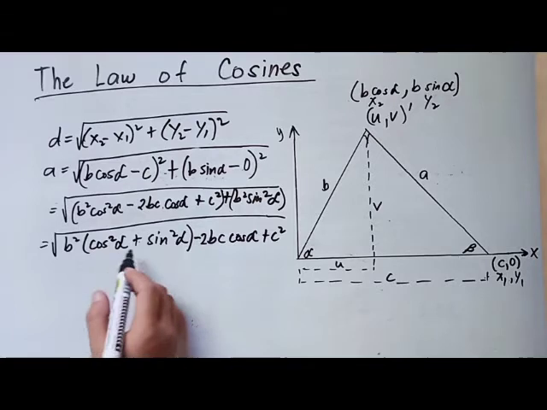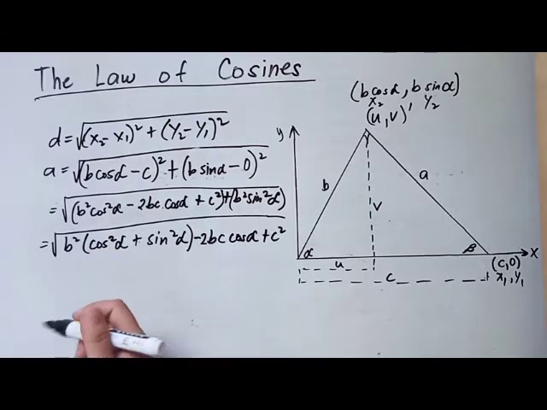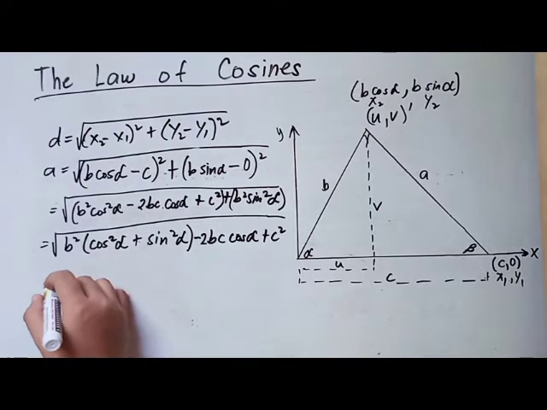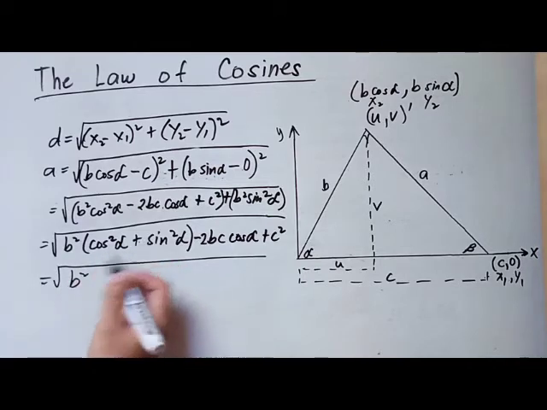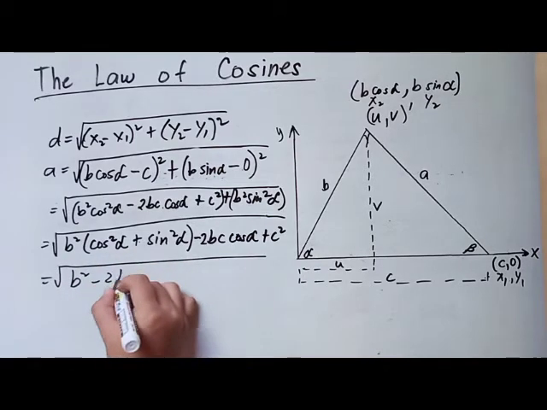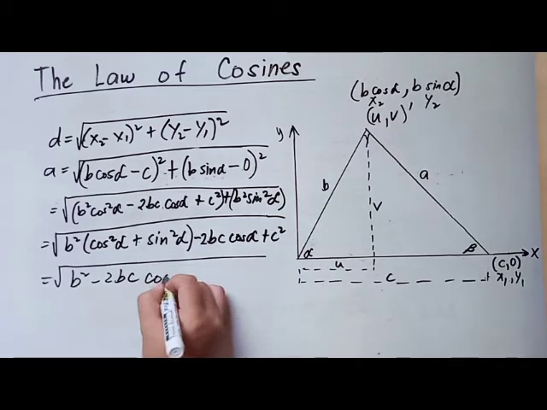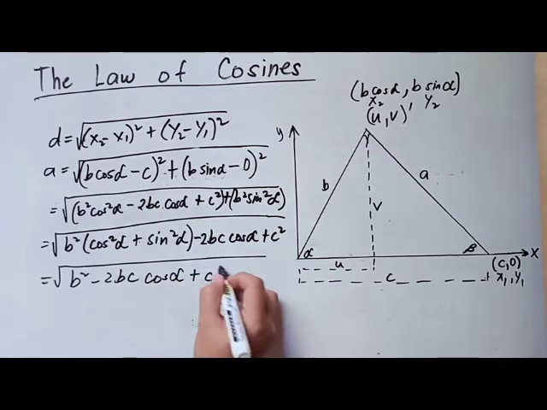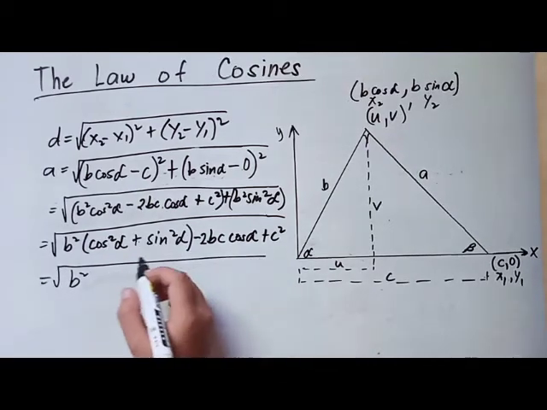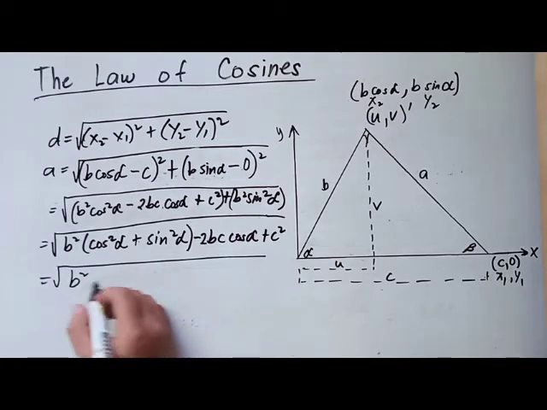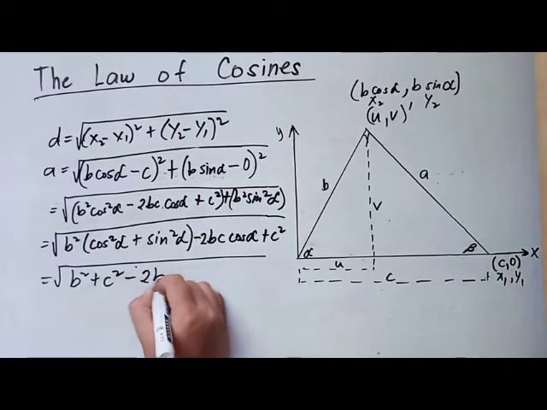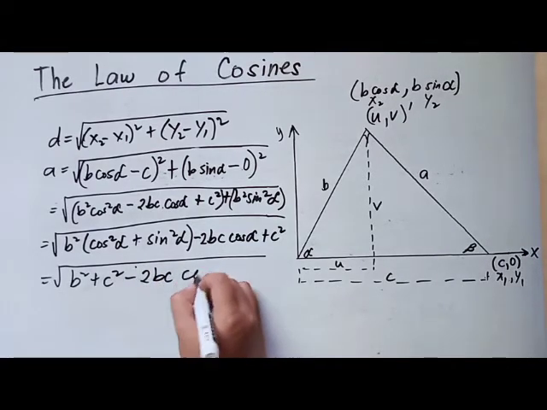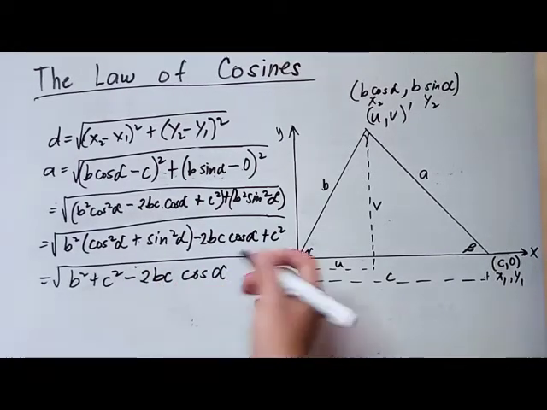So cosine squared alpha plus sine squared alpha is also equal to 1. So that is equal to the square root of b squared times 1, that is b squared, minus 2bc cosine alpha plus c squared. Or it can also be written as the square root of b squared plus c squared minus 2bc cosine alpha. So that is now our a.